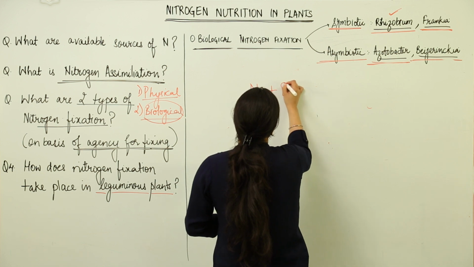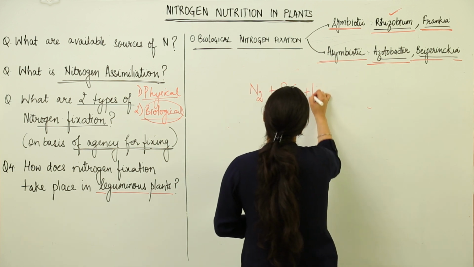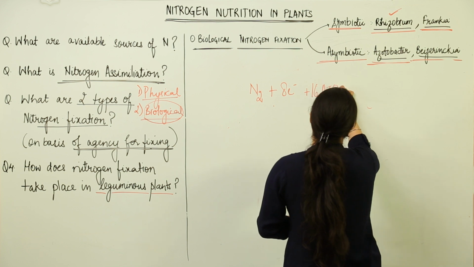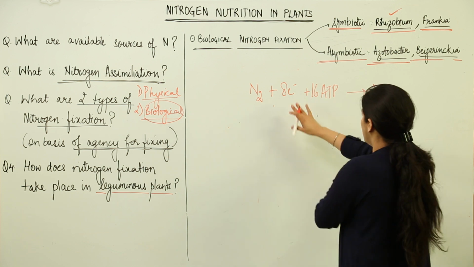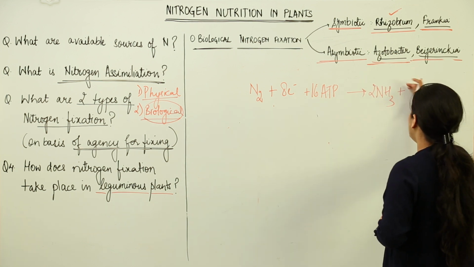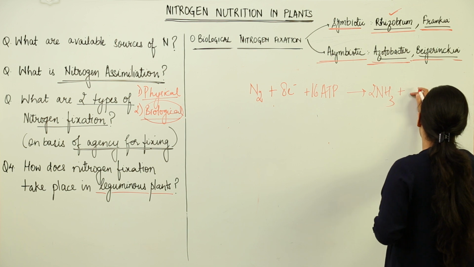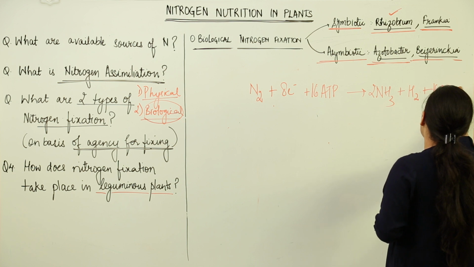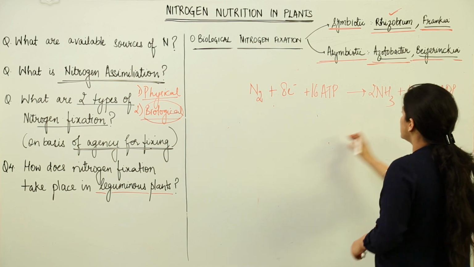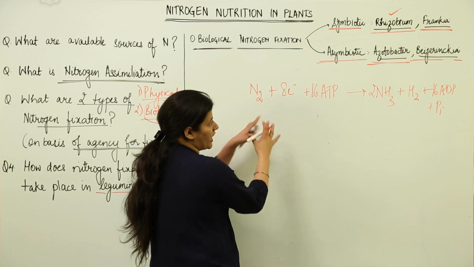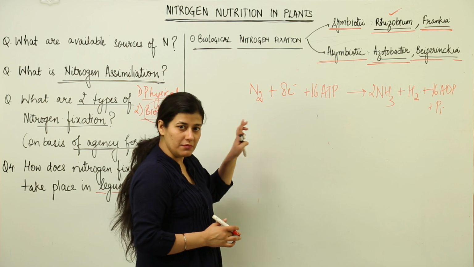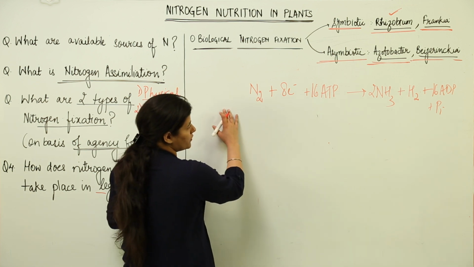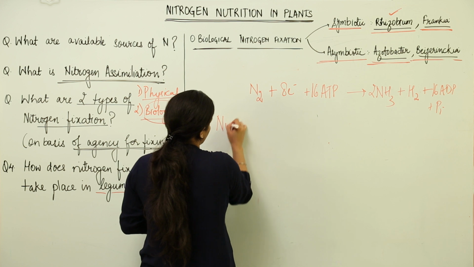Over here 8 electrons would come into scene, 16 ATPs, okay, and they would convert this nitrogen into ammonia. These 8 electrons would be utilized for reduction process, and this is what the entire biochemistry can be represented in this equation, how the biological nitrogen fixation has taken place.